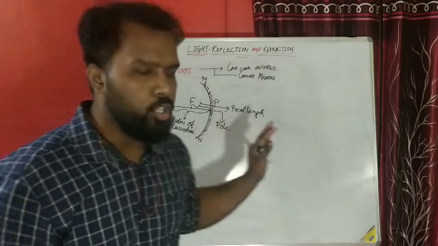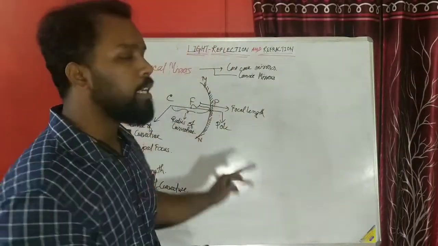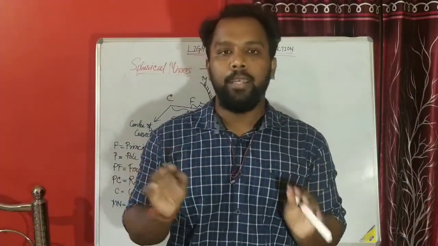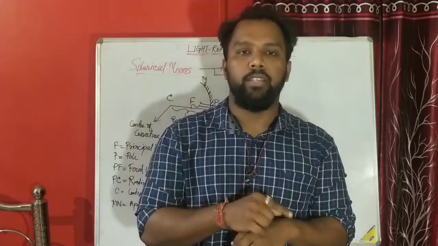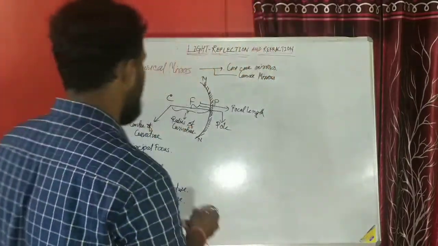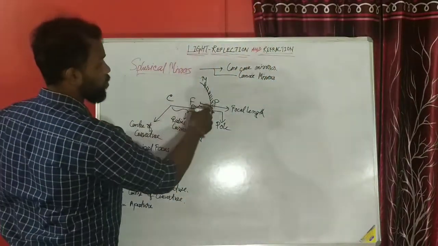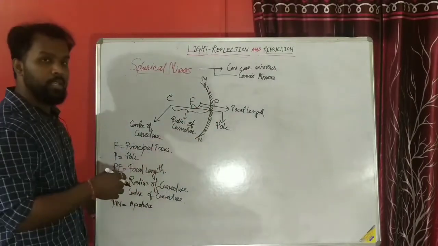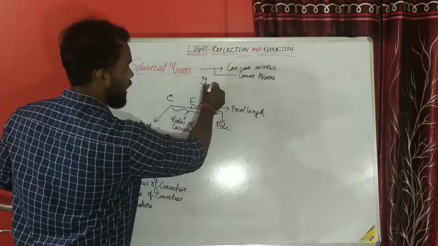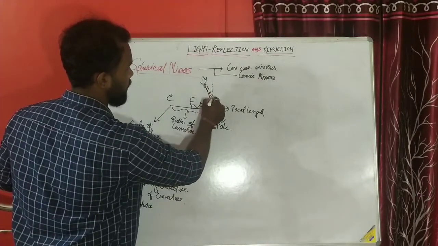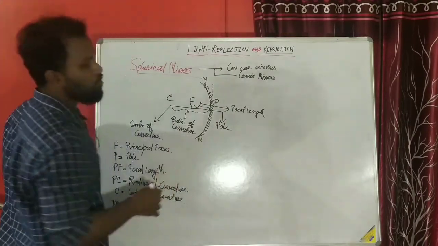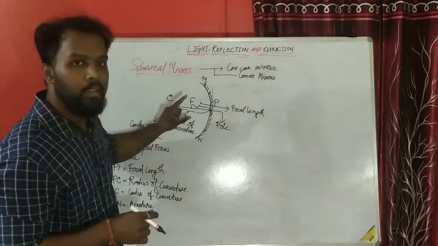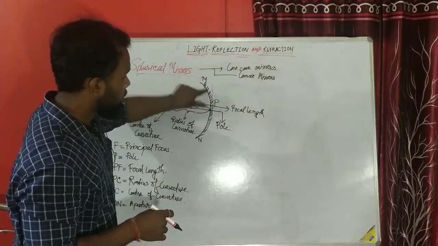But the definition of aperture in the case of a mirror is the diameter of the reflecting surface. As I said when I was talking about the pole, I considered this point as the center of this reflecting surface. Once I draw the dotted line from this center, this dotted line is the radius.